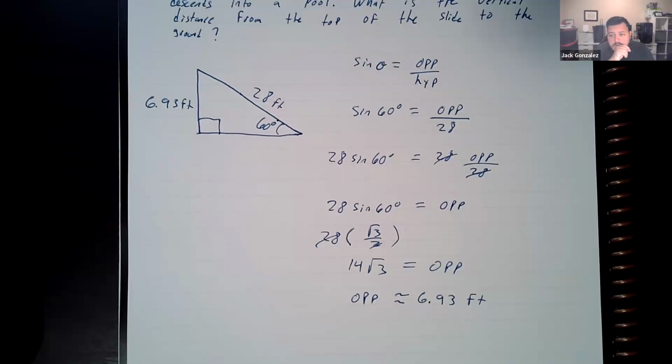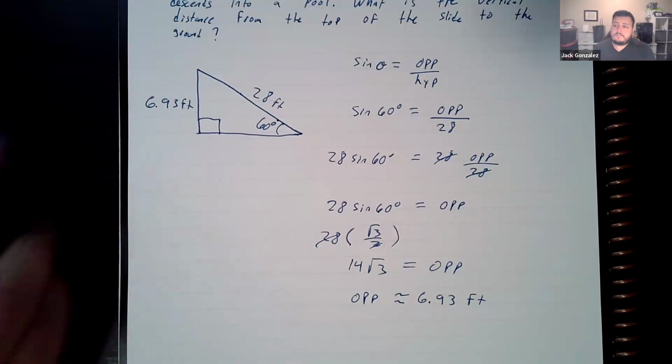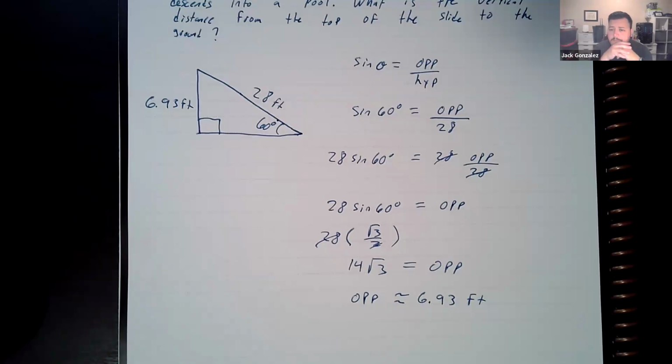Go to mode and check if it's in degrees. It says degrees. Did you punch it in just like that? 28 times sine 60?